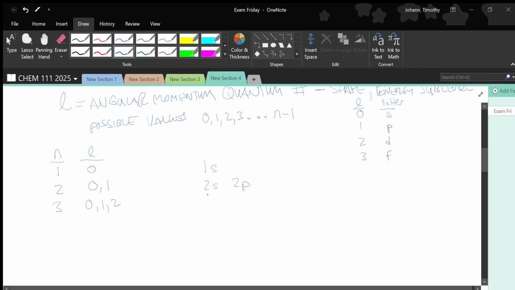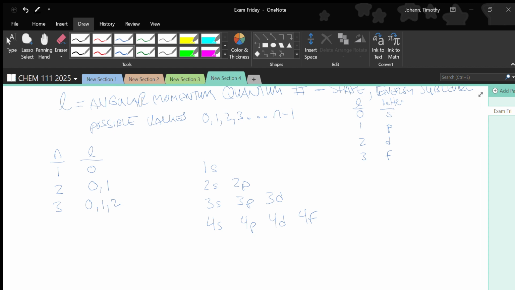And then we have 3s and 3p and 3d. And 4s and 4p, 4d, 4f. Okay? We're not going to worry about these f's as much. Might worry about them a little bit, but I mostly want to focus up here so we get the concepts.